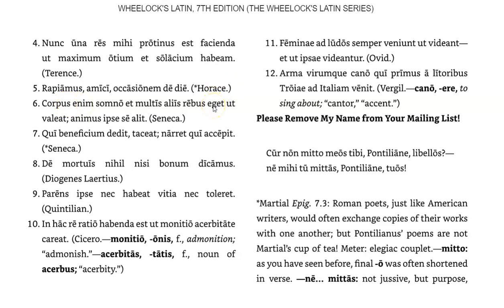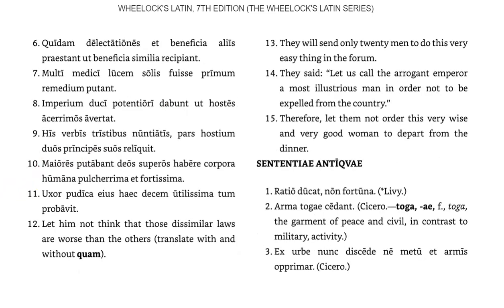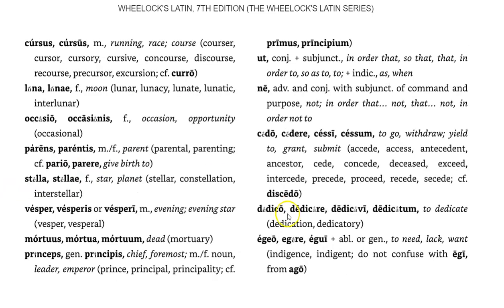Now here we have this verb egeo, which I believe is one of the vocabulary words. There it is. And with this particular verb, you can see it requires the ablative as its object. You'll see that the example has words in the ablative.